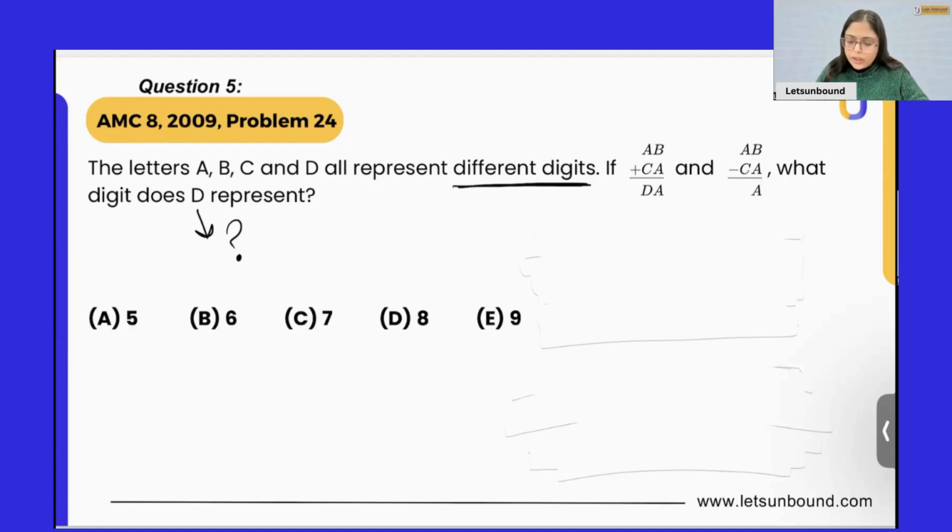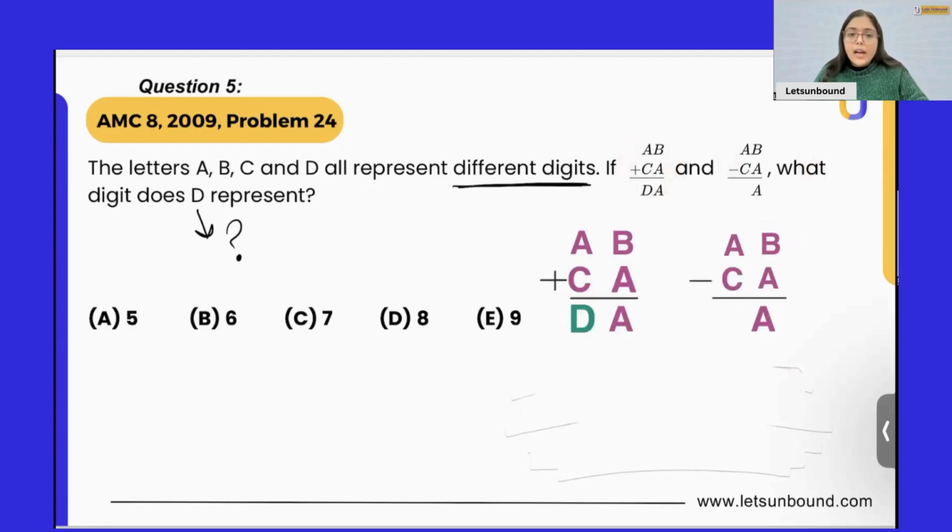Let me redraw both of these calculations here on the bigger picture. So here we have. Now we need to think about what could be the values for A, B, C, and then figure out what would be D. All right. So let's just have a look at the calculation and think about what could be the values.